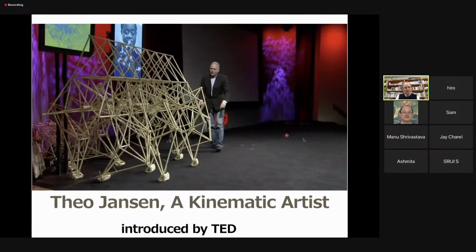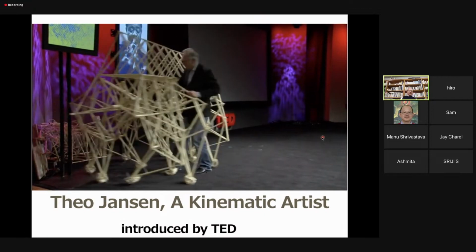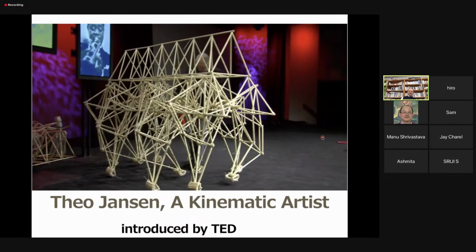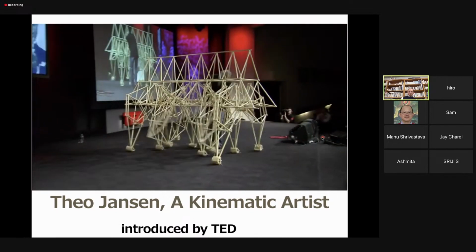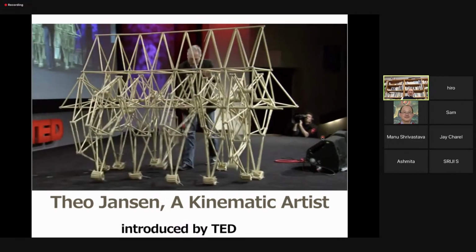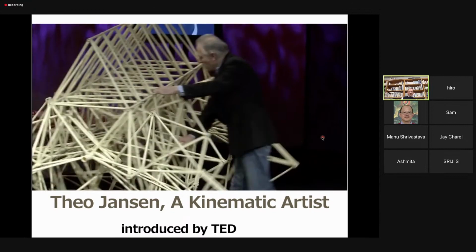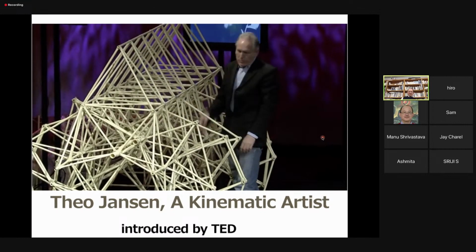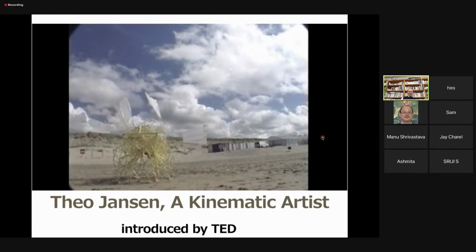This is a funny guy. I respect him as an artist, of course. I could show you this animal. The mechanical beasts will not get their energy from food, but from the wind.